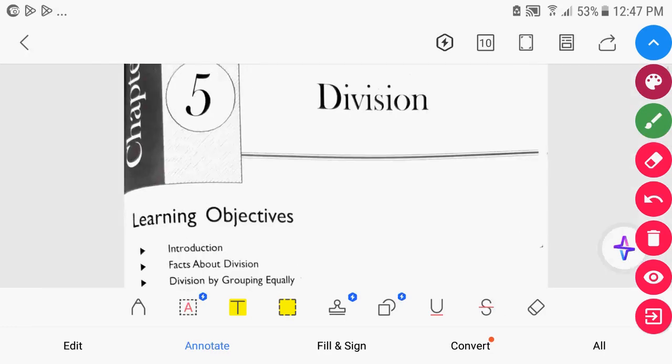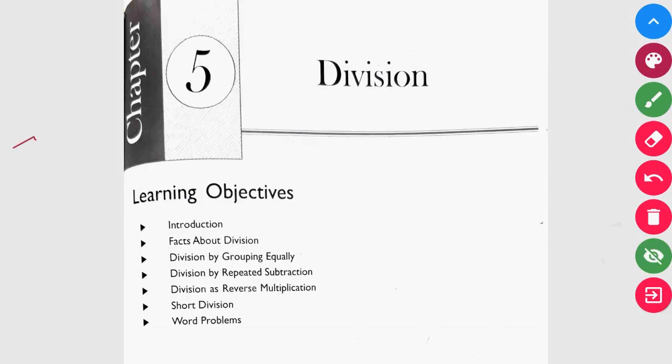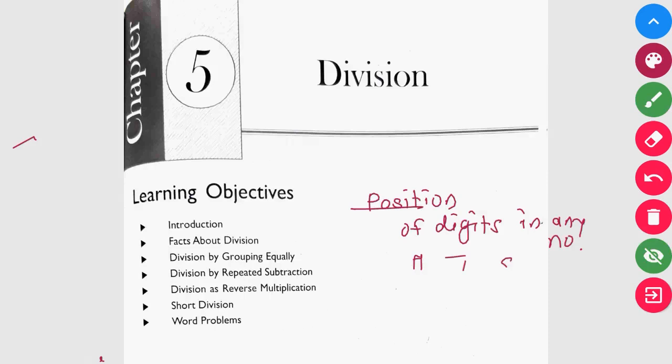In the previous lectures, we learned about the position of the digits in any number, and we saw up to 3 positions: hundreds, tens, and ones or unit position.